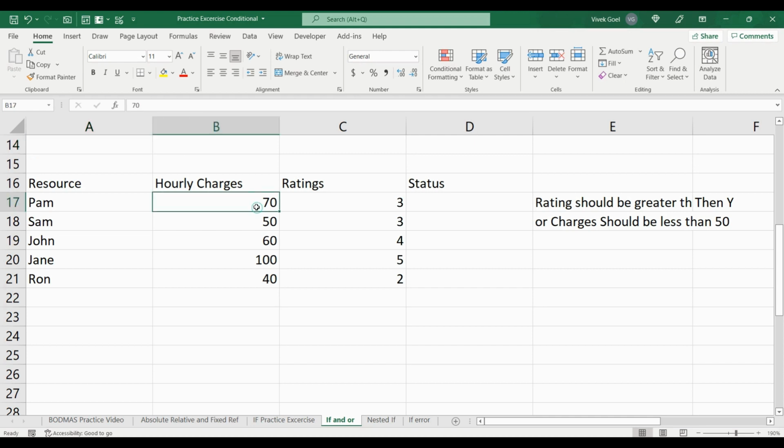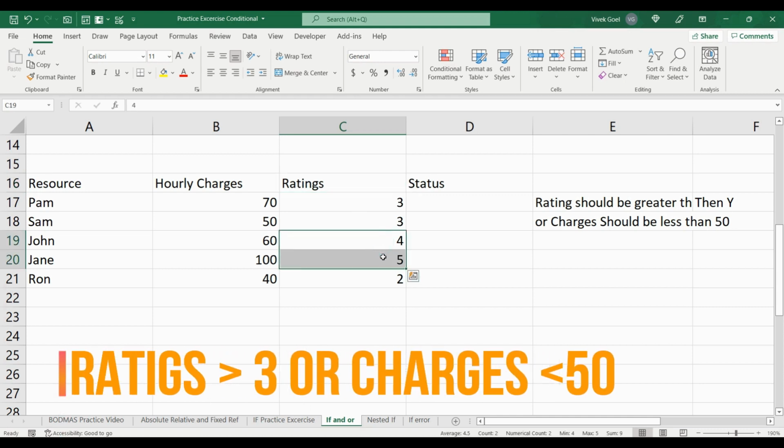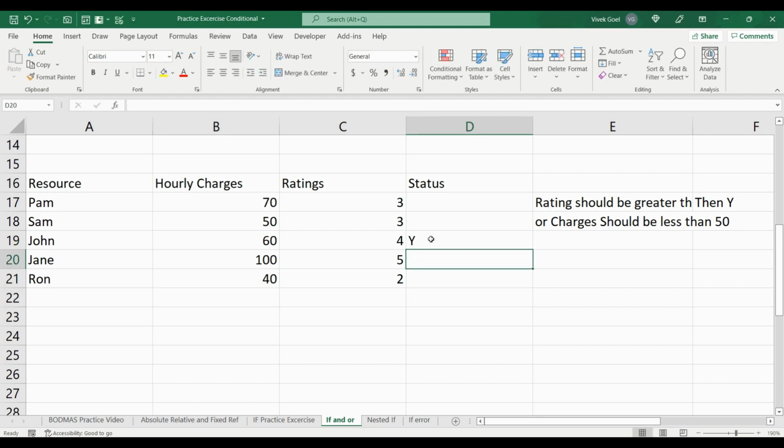For the next scenario, a company is trying to hire resources based on their hourly charges and ratings. If the rating is greater than 3, then we are good to hire that employee, or if the charges are less than 50, then also we can hire the employee.